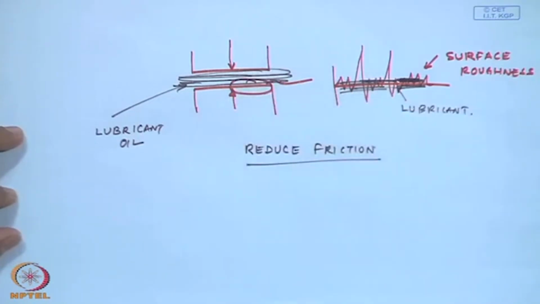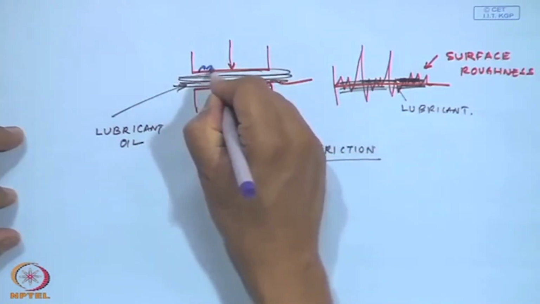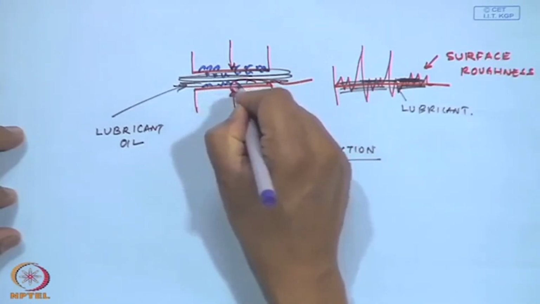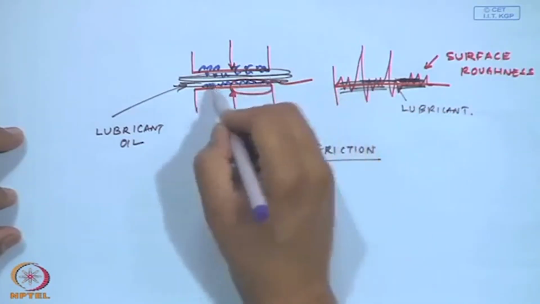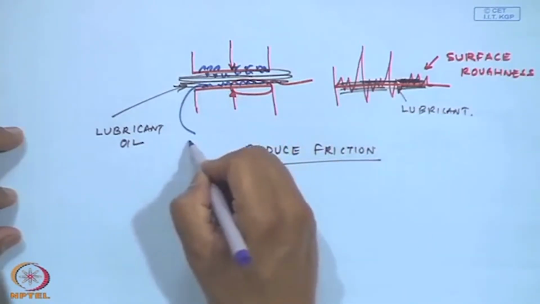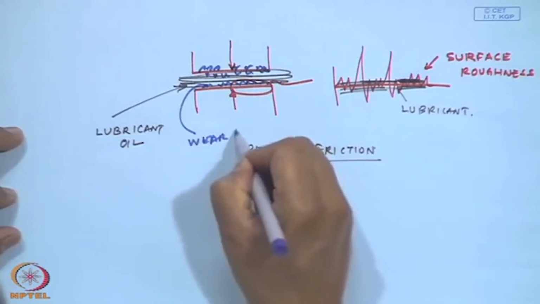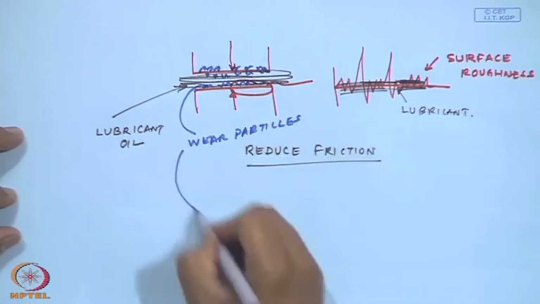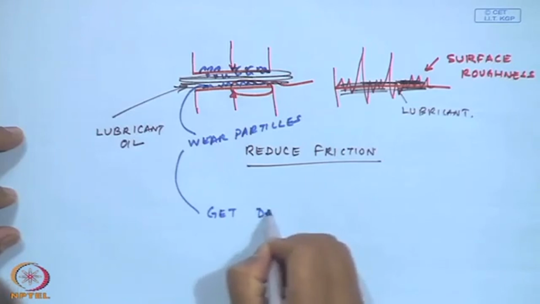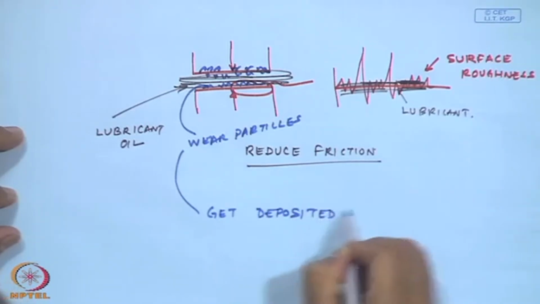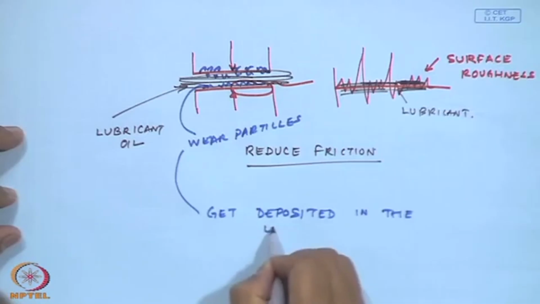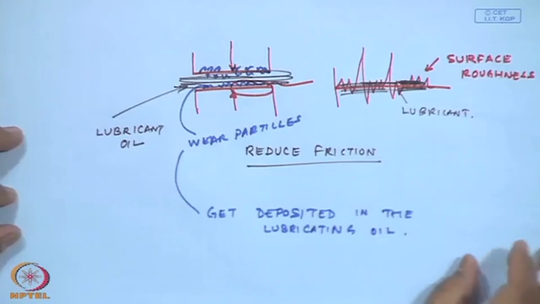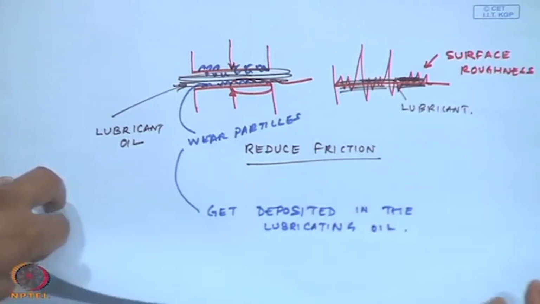These particles here also wear out because of loading, because of abrasion, and so on, and these particles get deposited in the lubricating oil. So, two very important things happen because of this process in any machine.